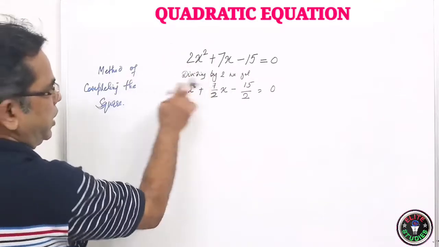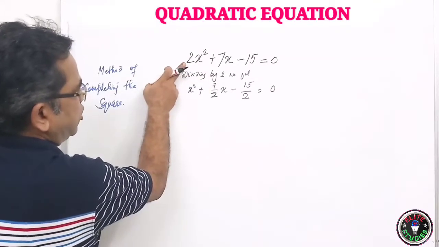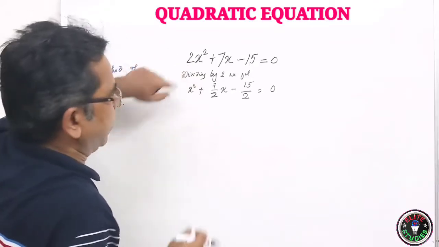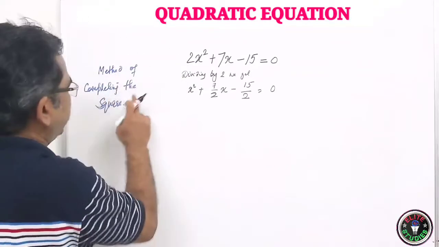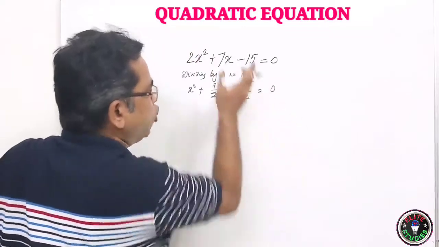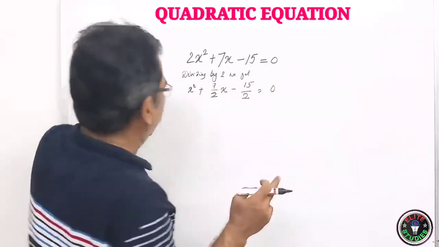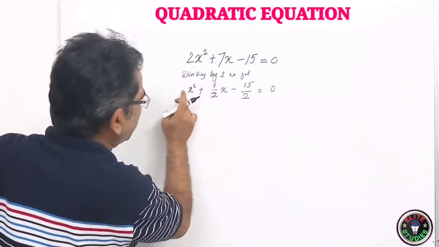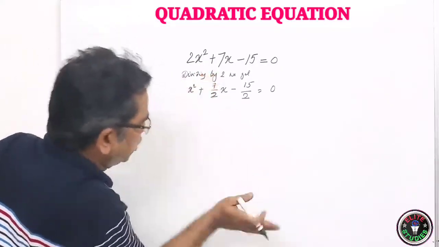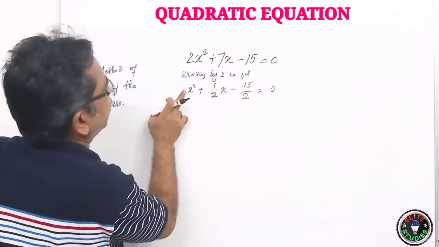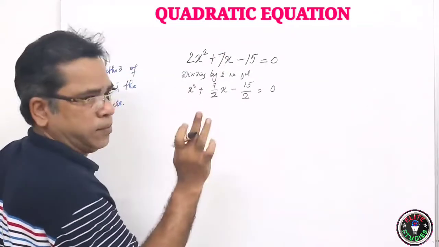The very first step, if the coefficient of x square is not 1, you have to divide. If suppose it had been minus 5, then you divide it by minus 5. Means in the method of completing the square, you must always ensure before proceeding that the coefficient of x square is 1. So whatever is there, you have to divide by that to make the coefficient of x square 1. Then you start. First ensure that in the very next step, the coefficient of x square should be 1.